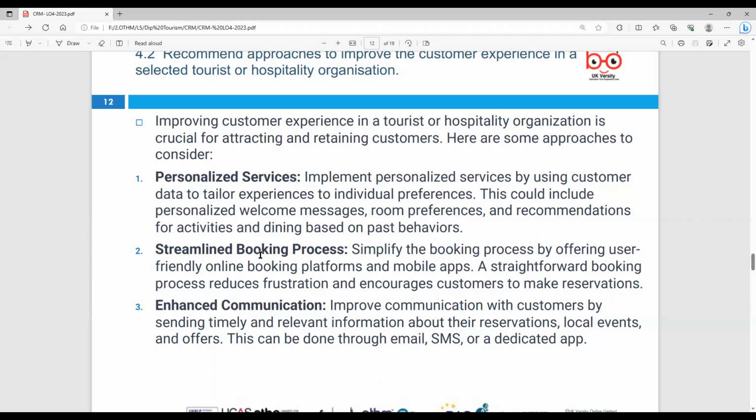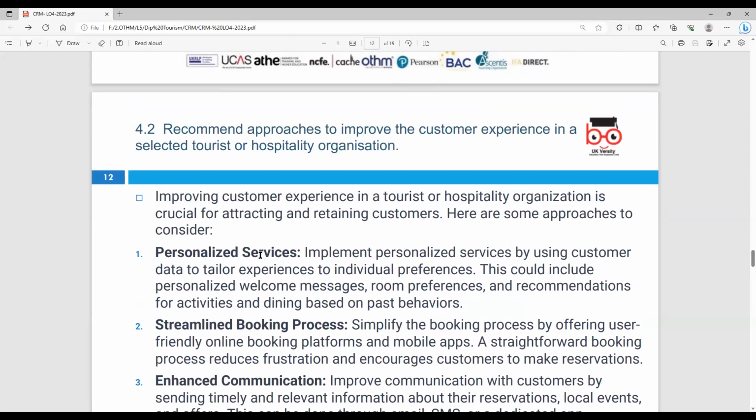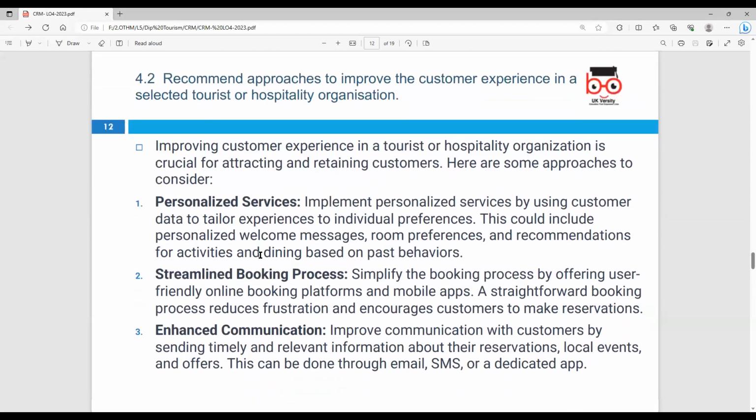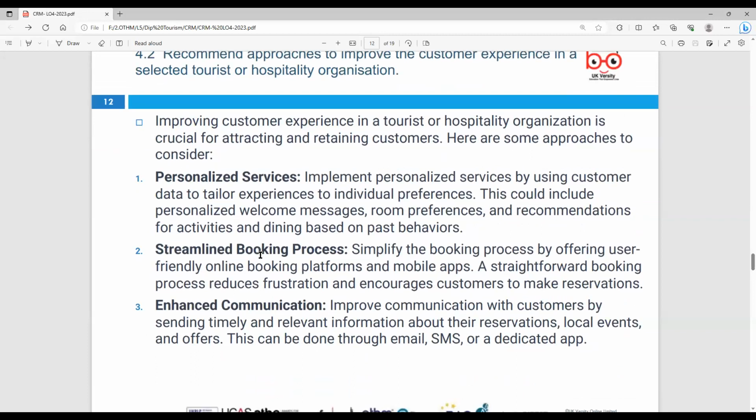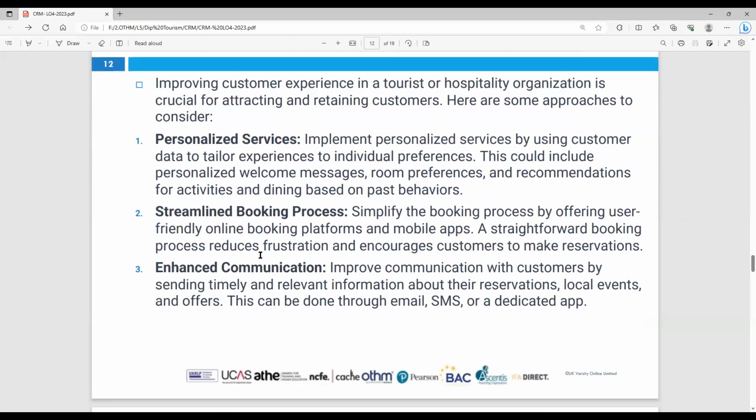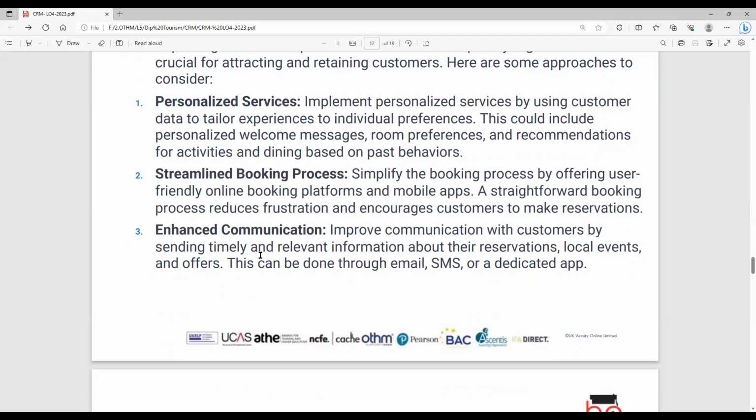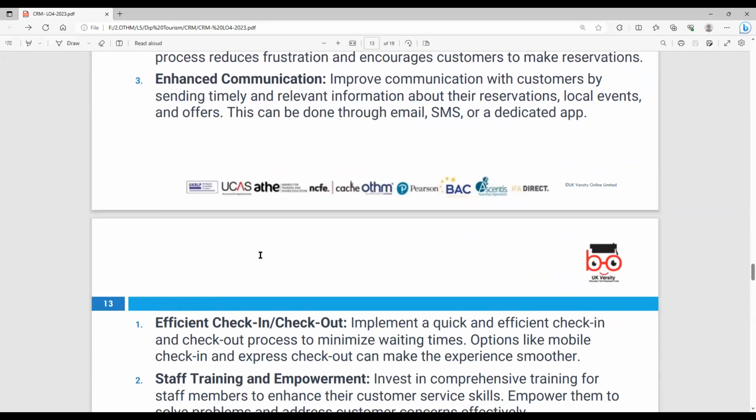Okay, and another approach we can use to improve our customer experience is to communicate with customers clearly and in a timely manner. We want to listen to them, make sure that we talk to them straightforwardly, reduce their frustration, and encourage them to talk with us so we can help them.